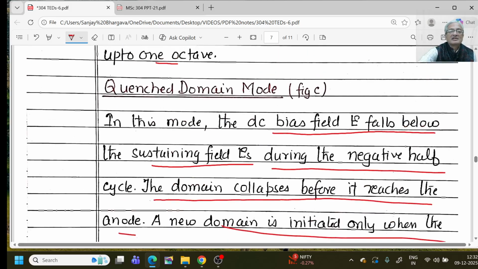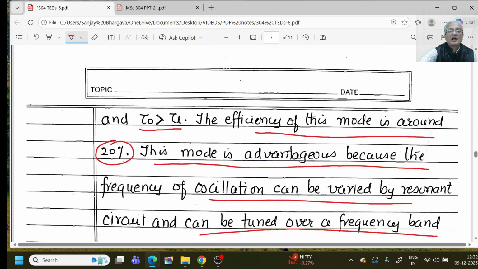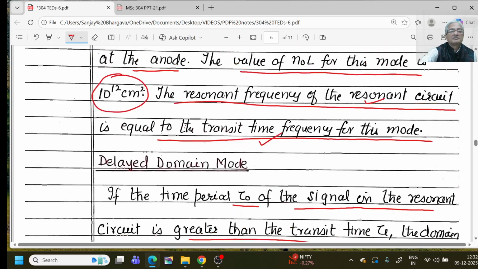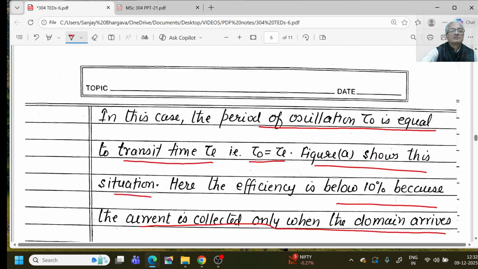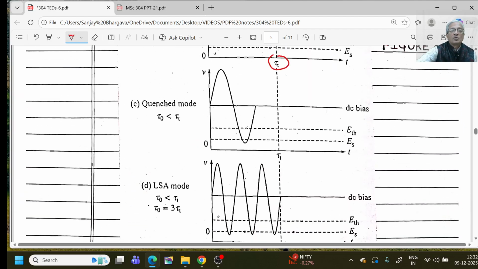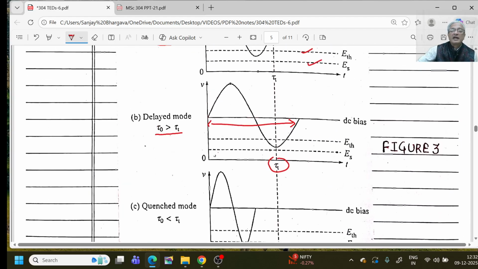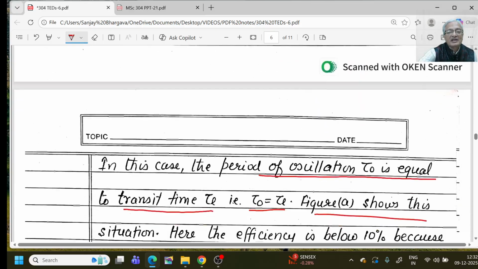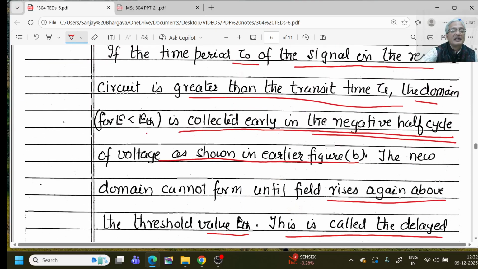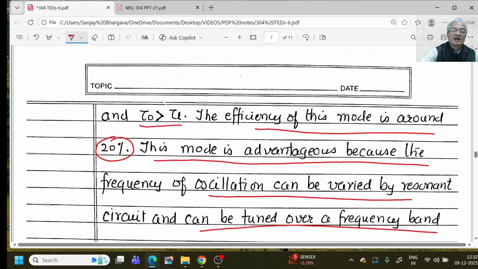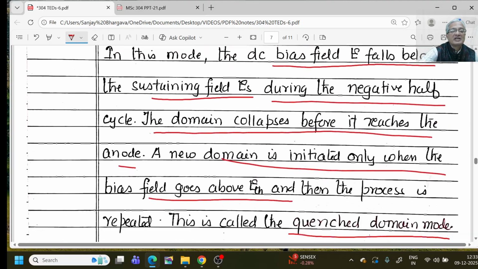And in the second mode, which was called the delayed mode, there FL was supposed to be between 10 raised to power 6 centimeter per second to 10 raised to power 7 centimeter per second. So that is how we classify the three different modes under Gunn oscillation mode.